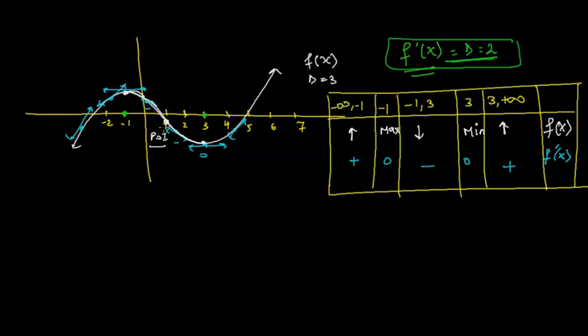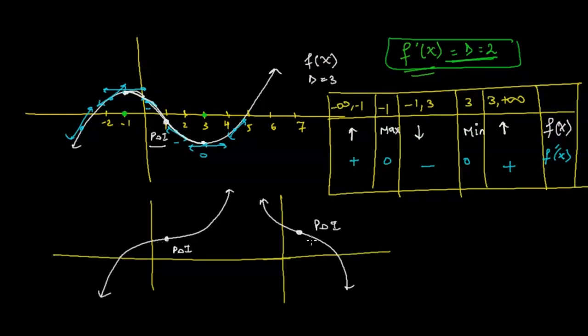And at point of inflection, we would always notice that the second derivative, not the first derivative always, but the second derivative is always going to be 0. However, these kind of point of inflections where we see a slight flat line, because if we try to draw the tangent line to these points, we would see a horizontal line.